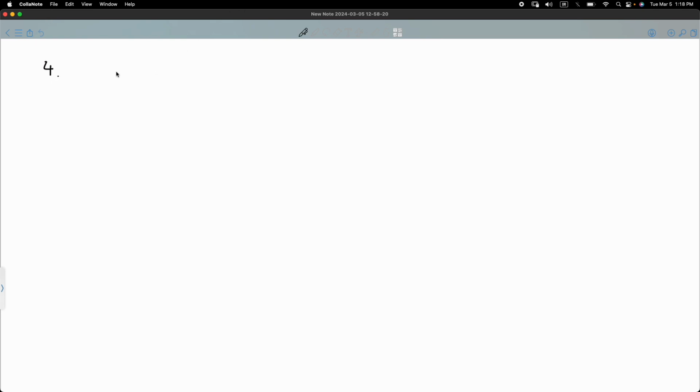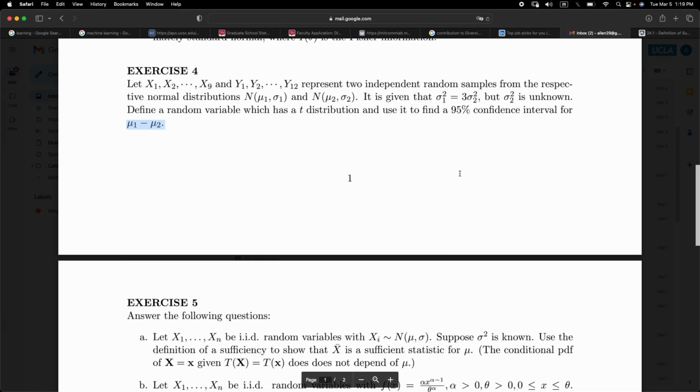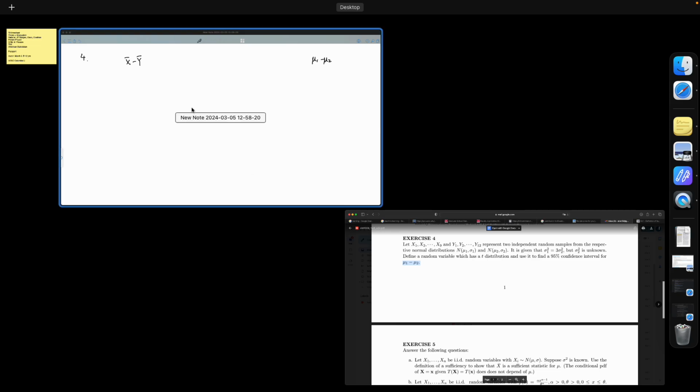So one intuitive estimator we can start with is x bar minus y bar, and then hopefully this will have some connection with the quantity of interest, mu1 minus mu2. So we want a confidence interval for mu1 minus mu2.